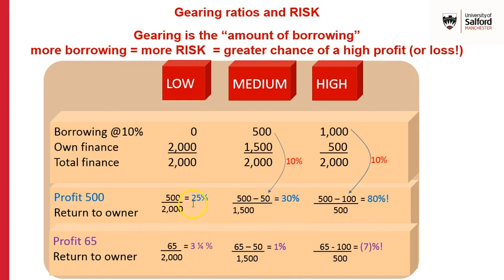So you're taking less risk if we interpret risk as being the range of possible outcomes. We're taking less risk with the low gearing. So the level of gearing that a company is undertaking is important in making a judgment about the risk that the company is facing. And it's one of the elements of the risk.